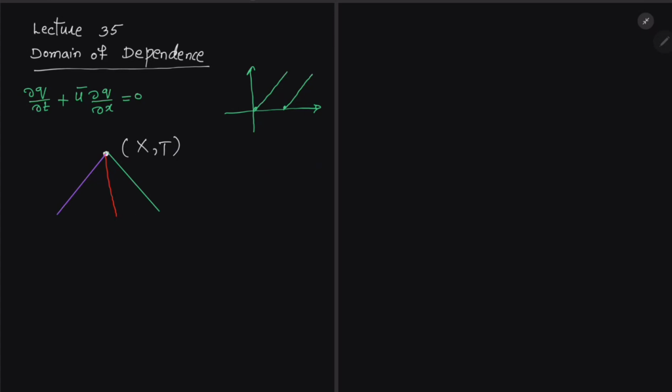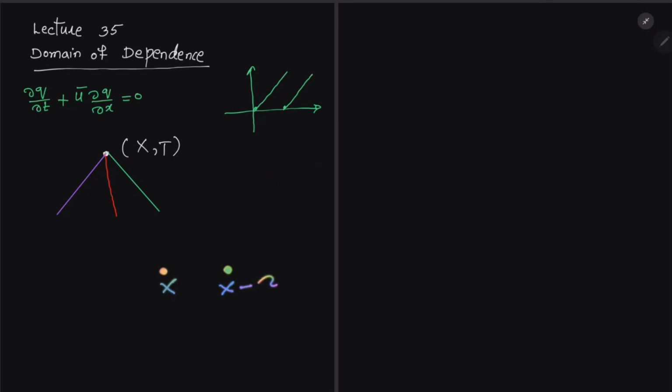And we know that if we are at point x, then the next point will be x minus u bar t, depending on whether the velocity is positive or negative.